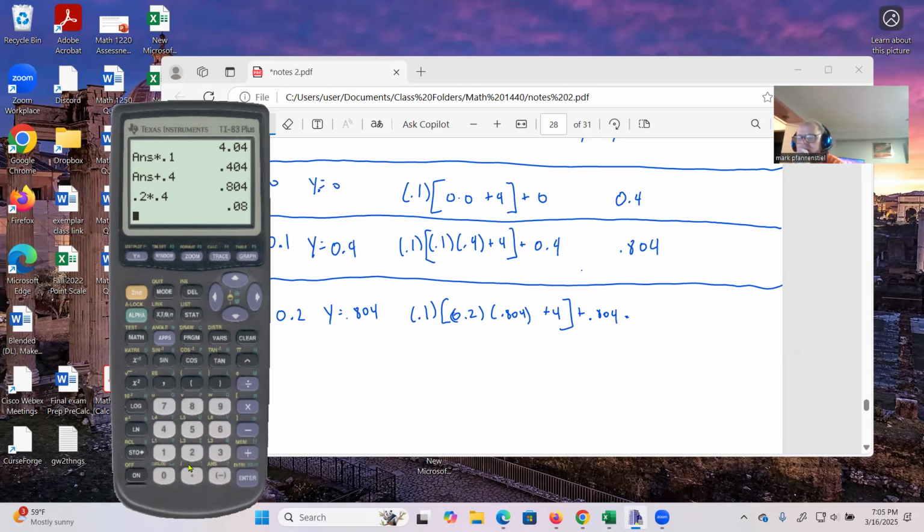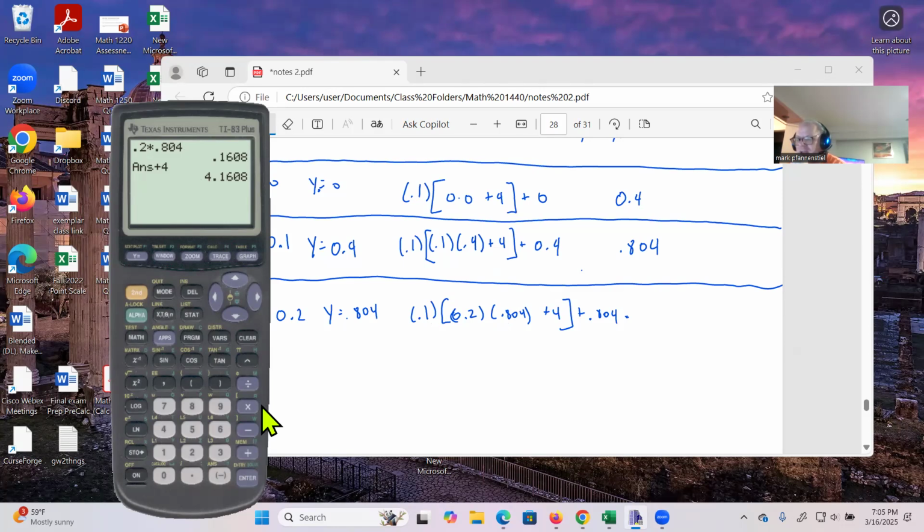We want 0.2 times what's my current y, 0.804. Don't let me make that mistake. Okay, equals. Now we add the 4. So plus 4. That's the plus 4 from the differential equation.